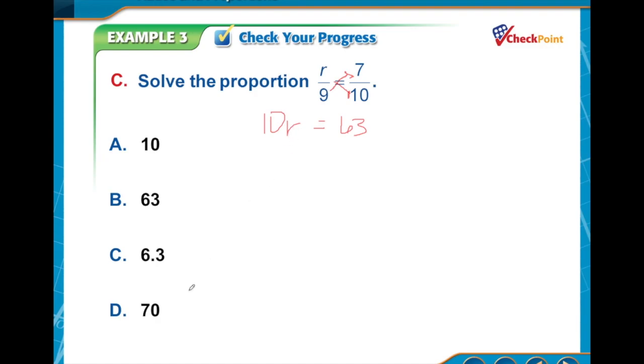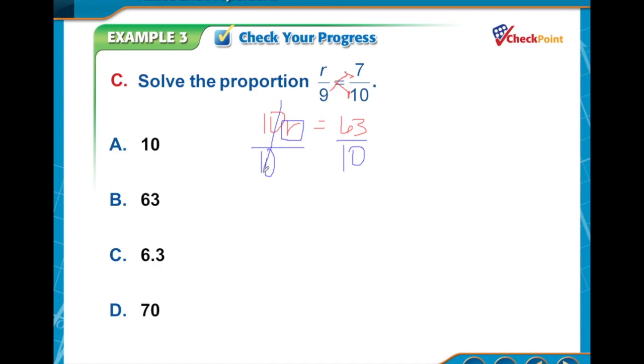Now to solve for r, let's notice the variable r is what we want to get by itself. But there's this 10 attached to it, and it's attached by multiplication. So to get r alone, we have to get rid of the 10. We get rid of it by doing the opposite of multiplication, so we divide by 10. And if we do that on the left, we have to also do it on the right.